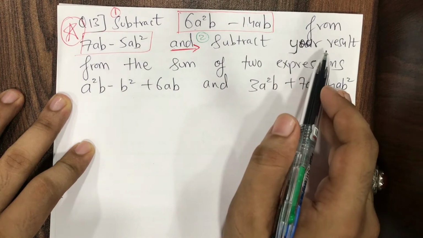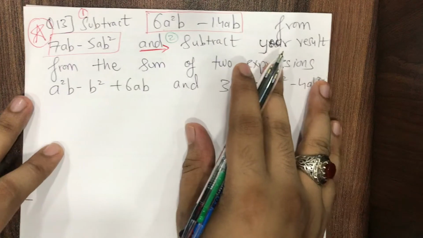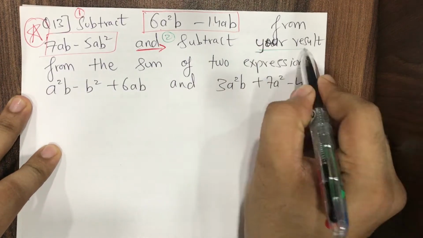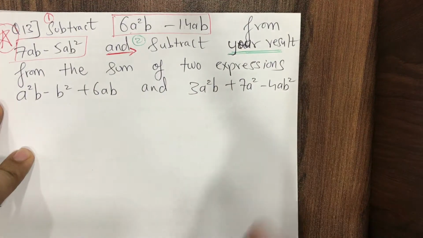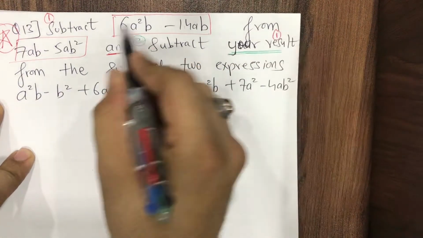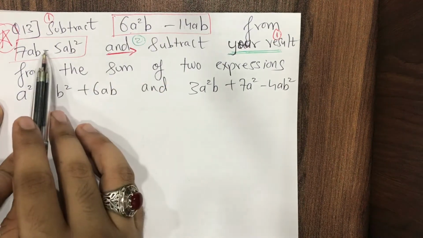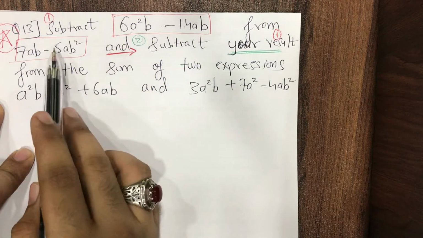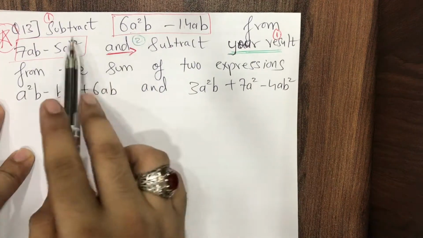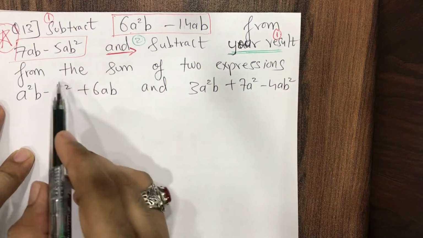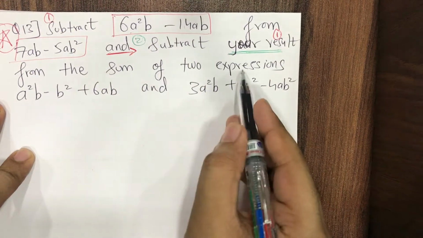Subtract your result. Which result? Result of part 1. Whatever answer we get, subtract your result. Result of what? Result of the first case. First case was we have to subtract this from this. So whatever is the answer, subtract the result of the first case from the sum of two expressions.